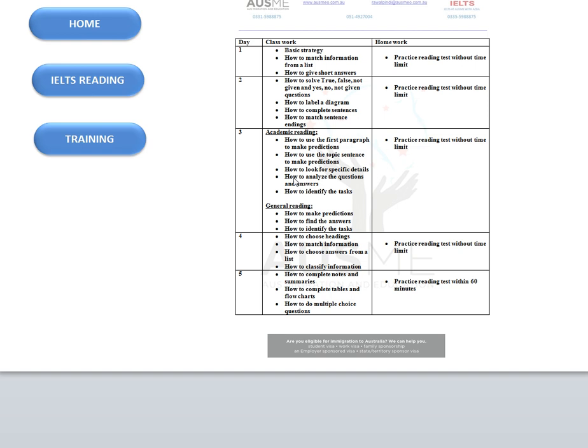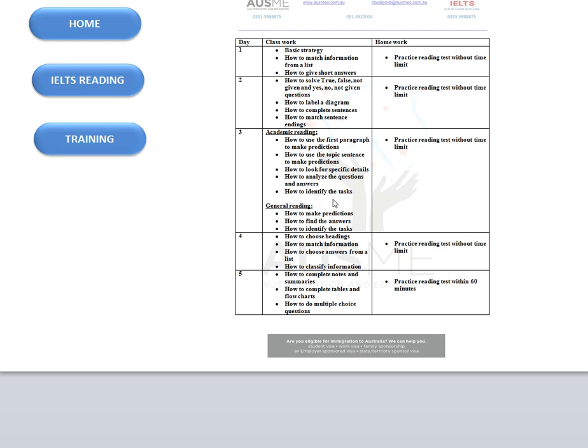So the other thing we look for is how to look for specific details. So we try to teach you in how you can look for these specific details. So looking at keywords and trying to pick out, okay, this is the information we have to pick. And we also look into how to analyze the questions and answers. So we try to look more in depth in understanding the questions and how we're going to look for the answers.